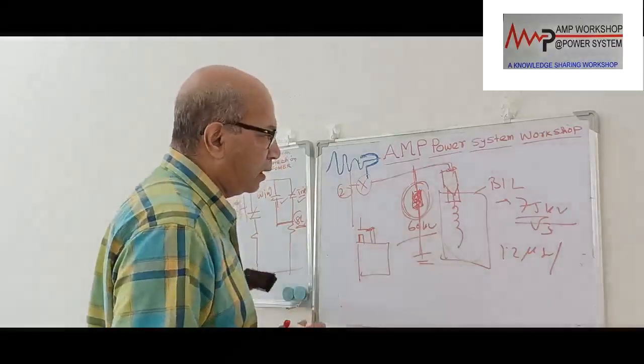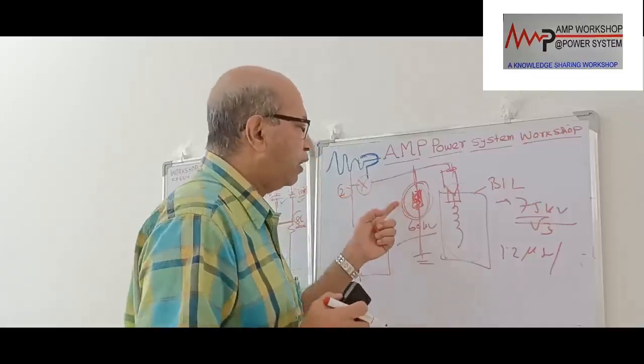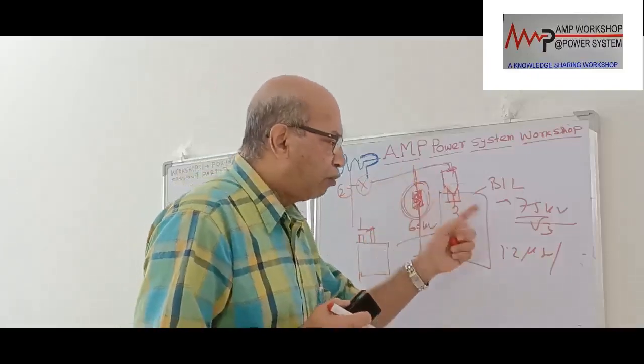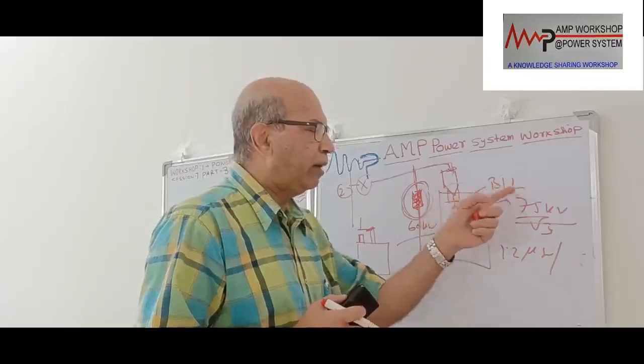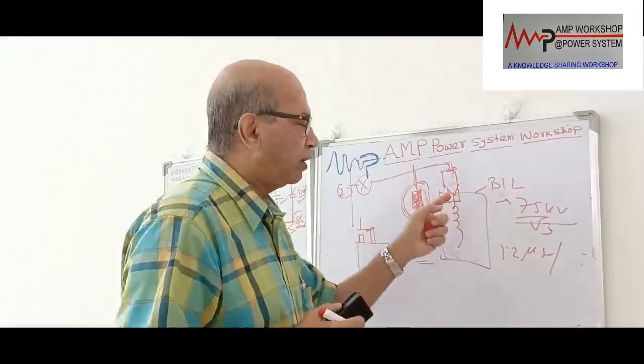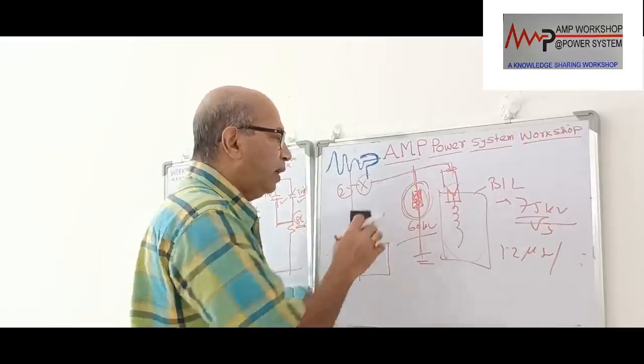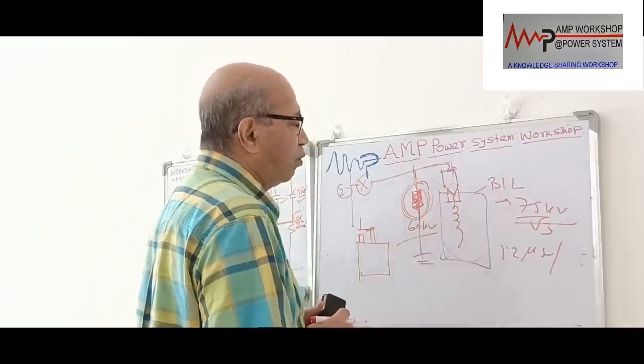But the concept is that this arrestor's voltage grade is to be decided based on the equipment BIL, basic insulation level, and the arrestor's flashover voltage must be less than the BIL of the transformer, otherwise it cannot protect the equipment. Okay, this is the transient over voltage protection.